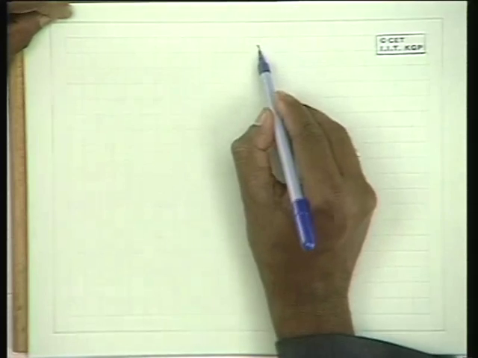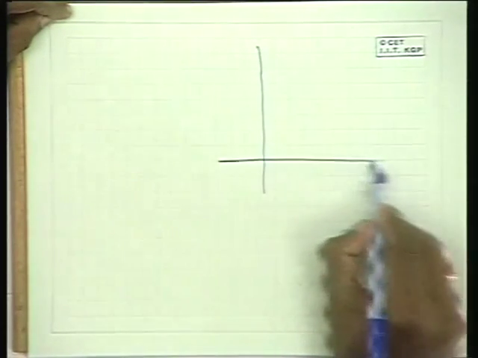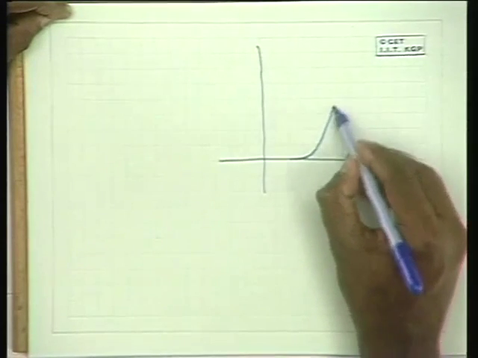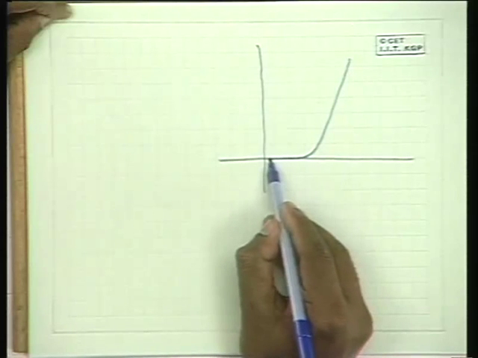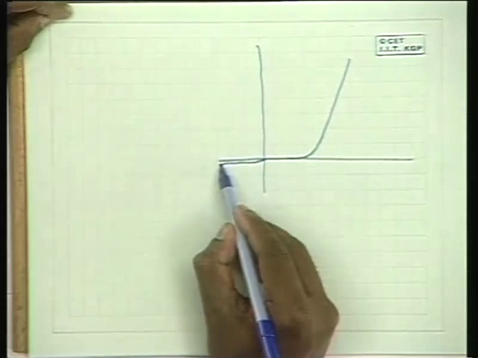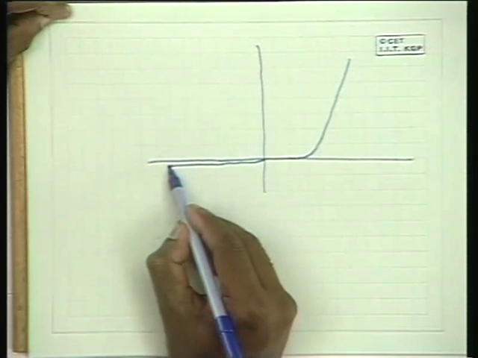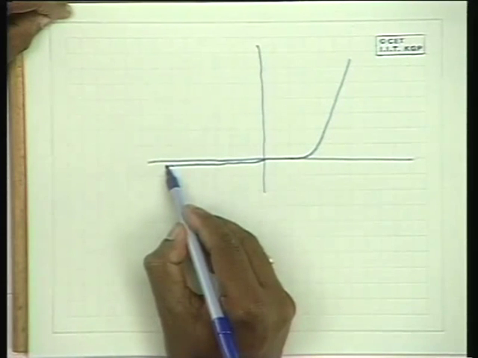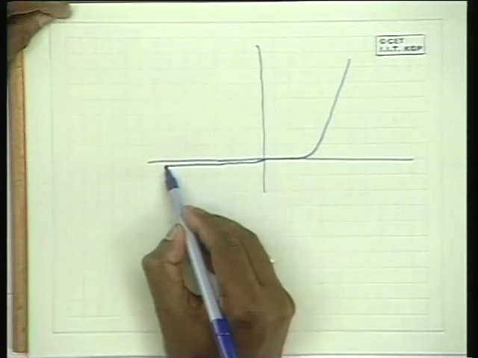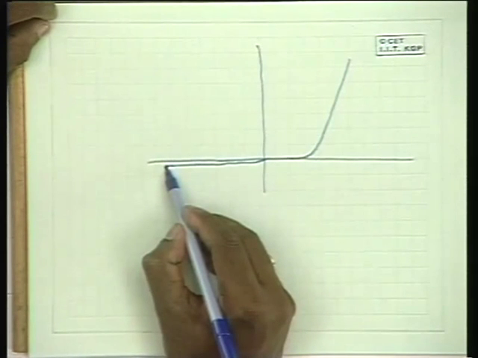Now let us look at the reverse side. When reverse potential is applied and increased up to a certain level, a phenomenon known as breakdown occurs, avalanche breakdown or Zener breakdown.